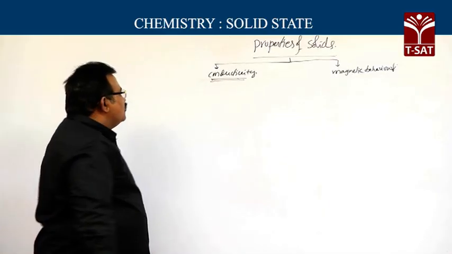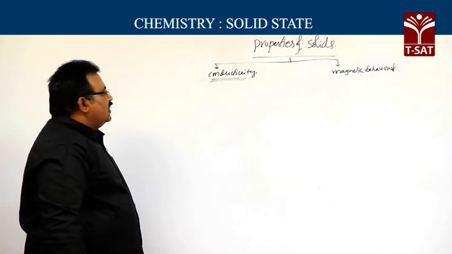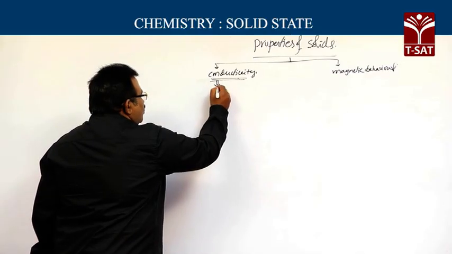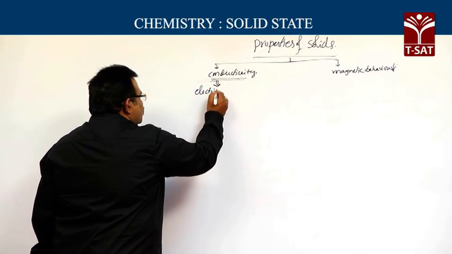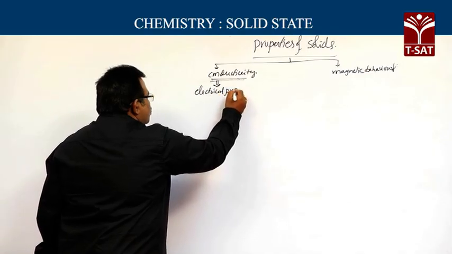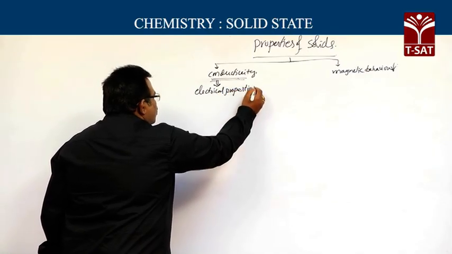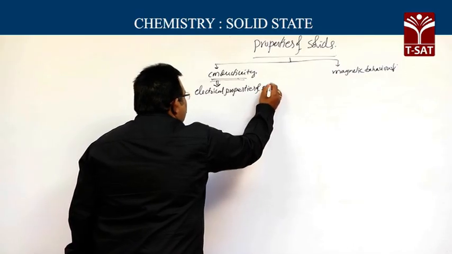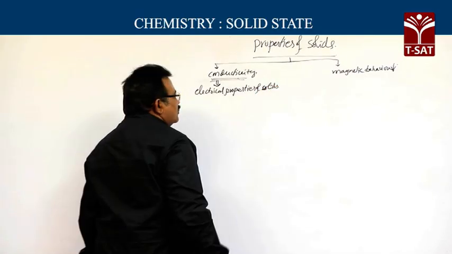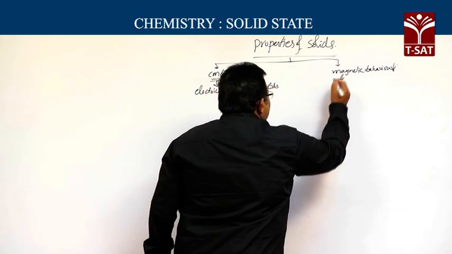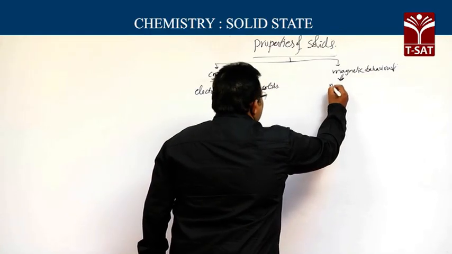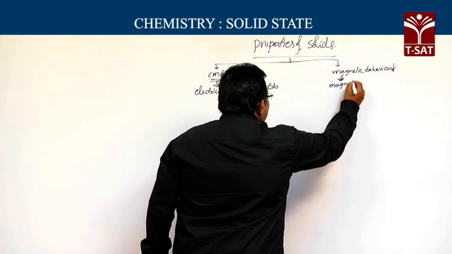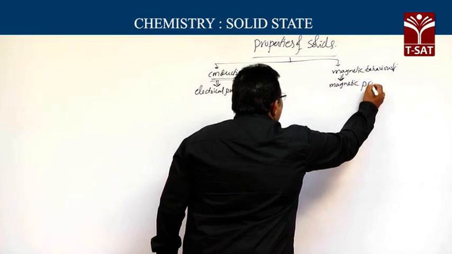The properties which explain the conductivity are called electrical properties of solids, and here magnetic behavior is explained by magnetic properties of solids.